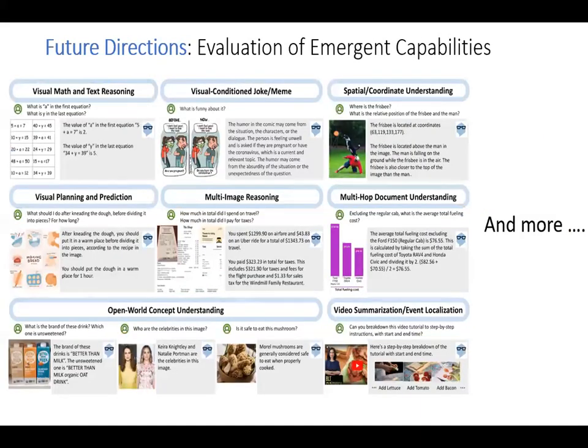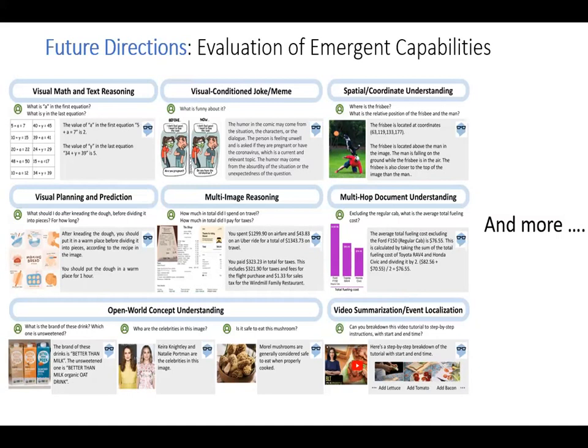And finally, still on the evaluation side, perhaps also relevant to the large multimodal models covered by Chunyuan just now, there are a few works already exploring how to evaluate the emergent capabilities of large multimodal models and multimodal agents. But for these emergent capabilities, there are probably more to come.